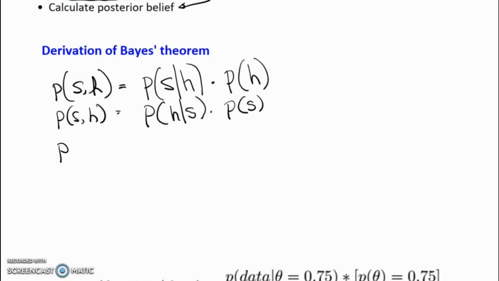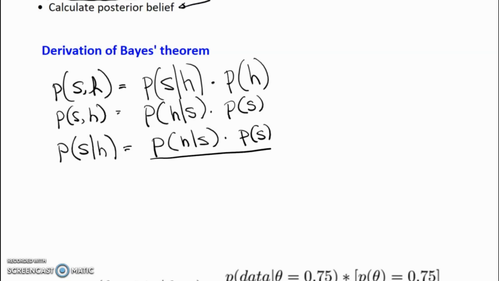And so we can just rearrange this and say that the conditional probability of being of a species given the height class is equal to the conditional probability of being in a height class given that it's of a species, multiplied by the marginal probability that it's of that species, divided by the marginal probability that it is in that height class.